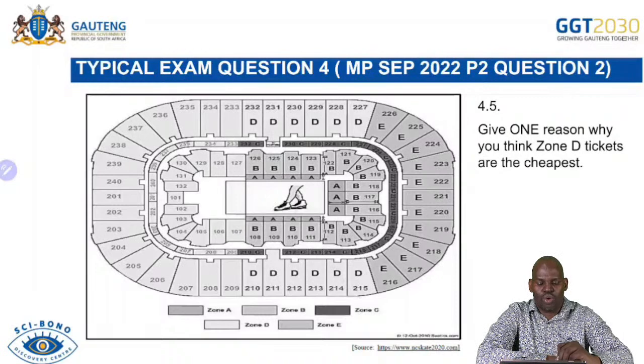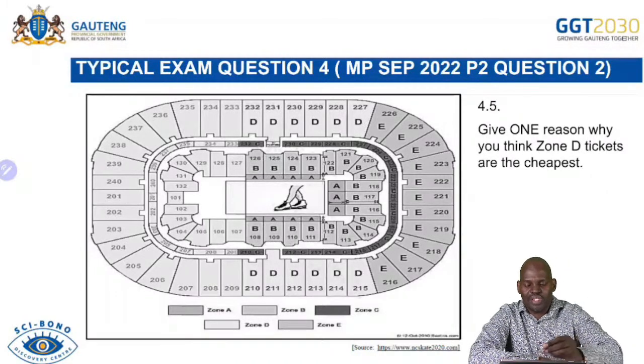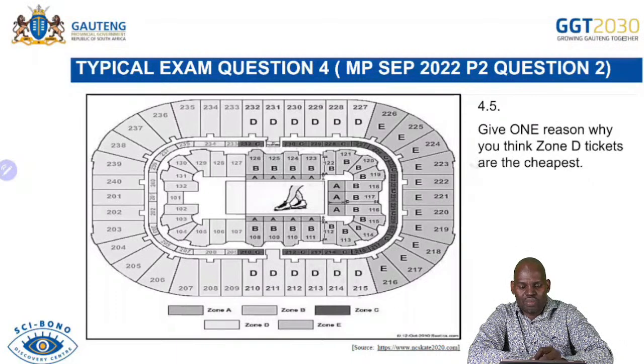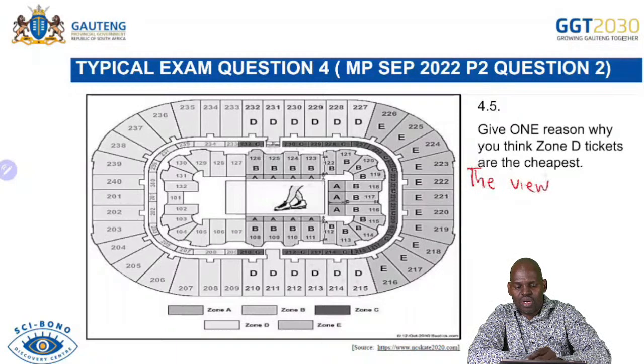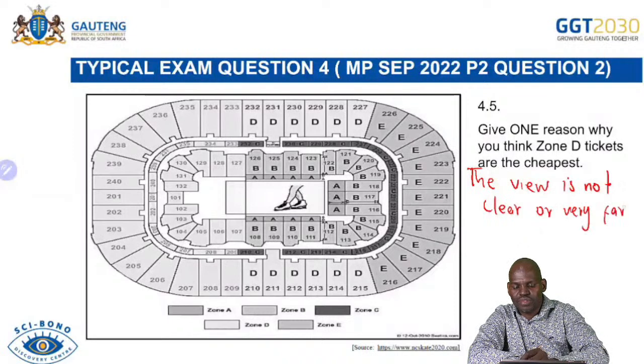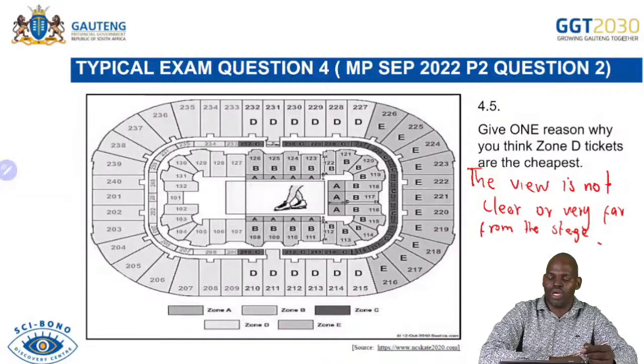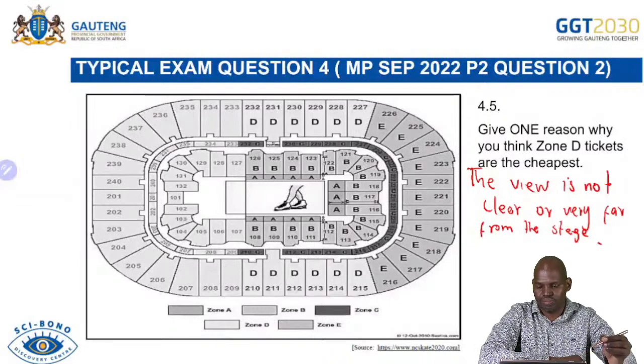Or maybe because it's very far from the stage, so that is why it's the cheapest. So any relevant reason. This one can be because the view is not clear or it is very far from the stage. That will be one of the possible reasons.